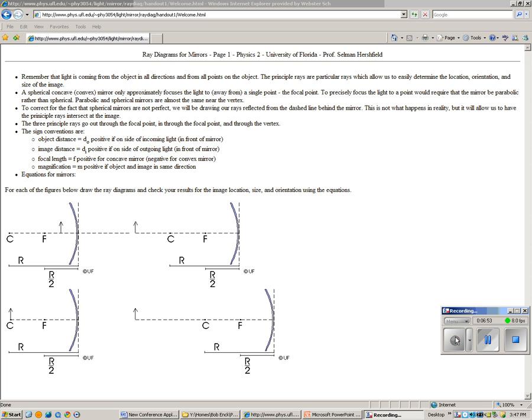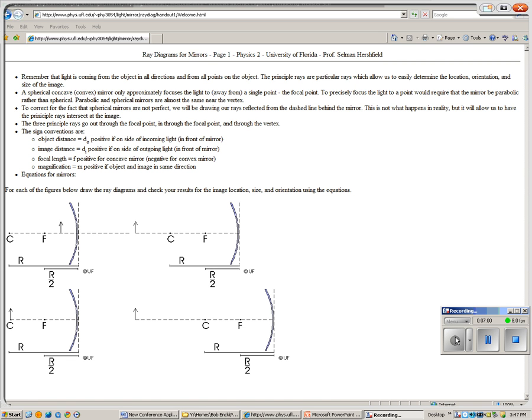So now I'm going to draw some ray diagrams for different situations. This first situation is our object here, out beyond C. What I do is my first light ray I draw is parallel to the principal axis. This light ray is coming off the object, and it reflects through the focal point. Then my second one I always like to draw is the one that hits the vertex.